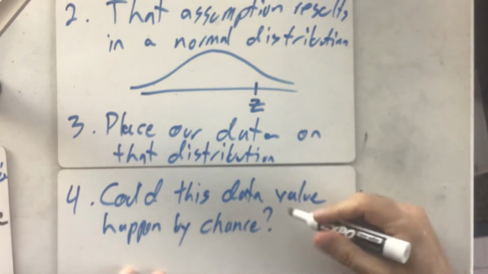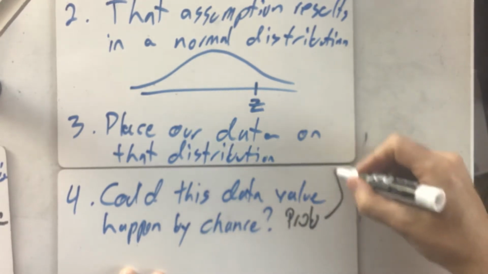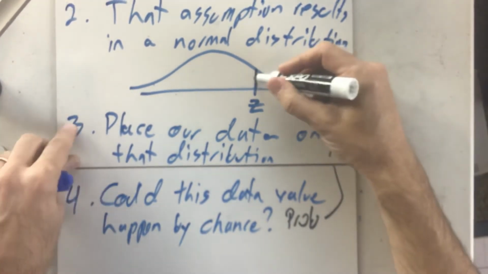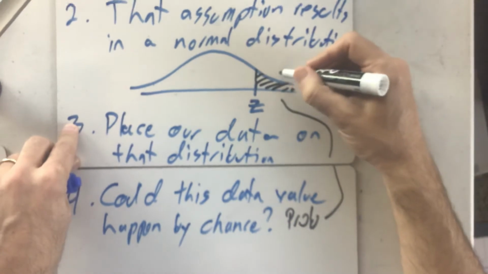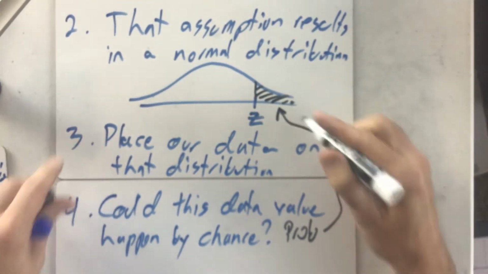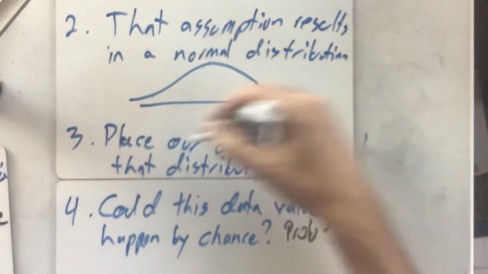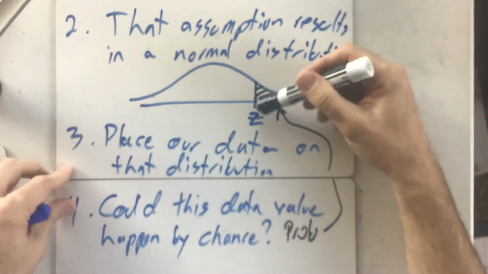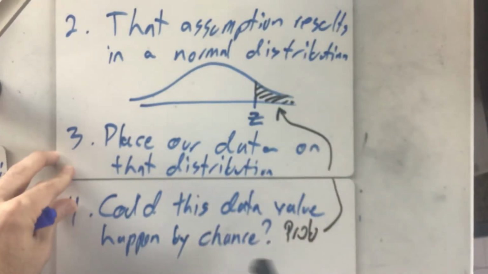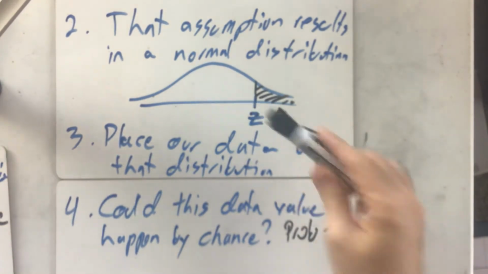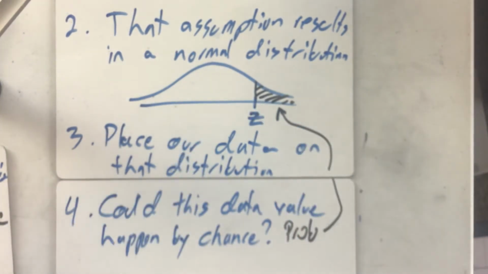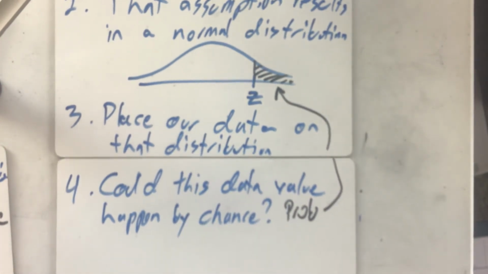And the way we do that is we find a probability, and that probability ends up being like a range on our normal distribution. So we have this normal distribution that came from our assumption. We put our z-value on that normal distribution, and now we're asking, what's the probability that that number could have showed up? And we get a p-value. So could this data value have just happened by chance, or does there have to be something unusual going on with our sample that makes our sample different from the rest of the population?